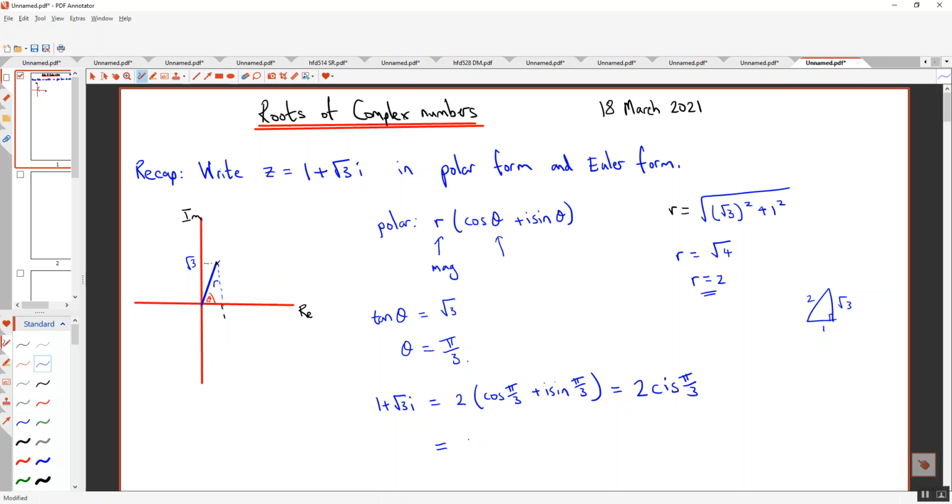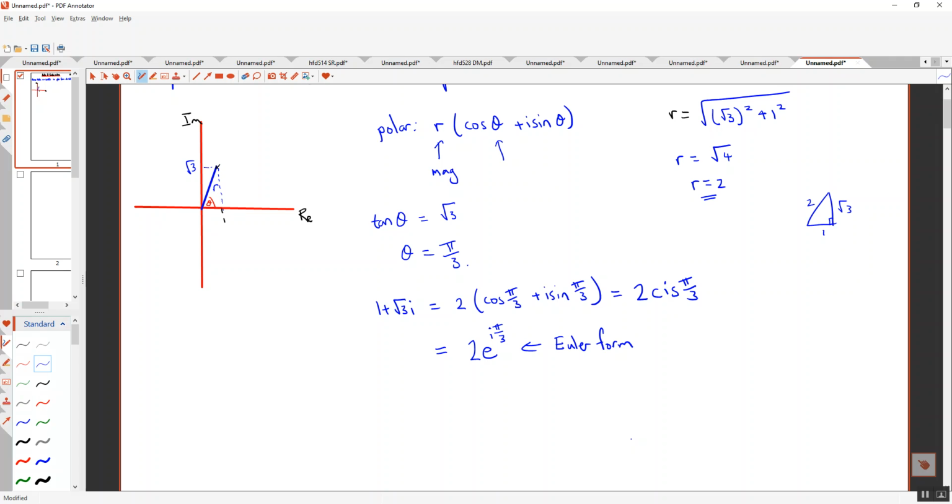And then in Euler form, all good, okay. So in Euler form then it's just 2 times e to the I pi over 3. Is that all okay? Yes. Okay, right.